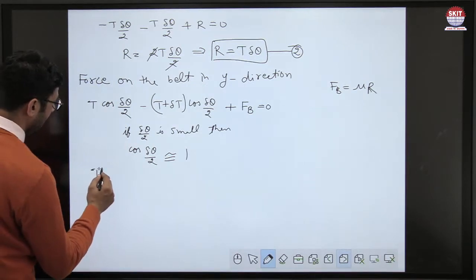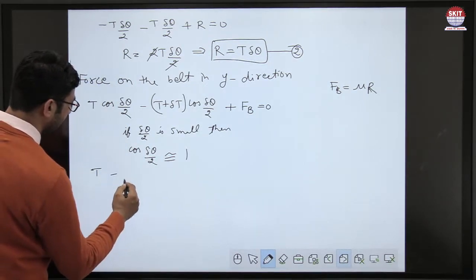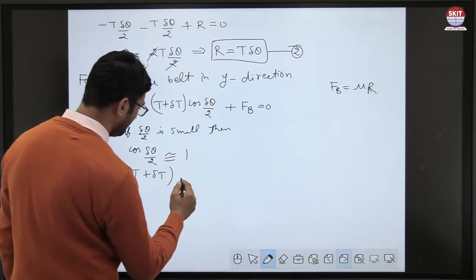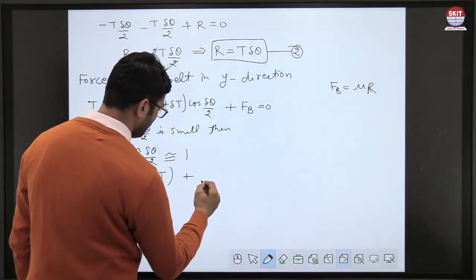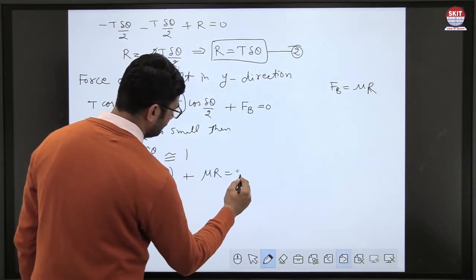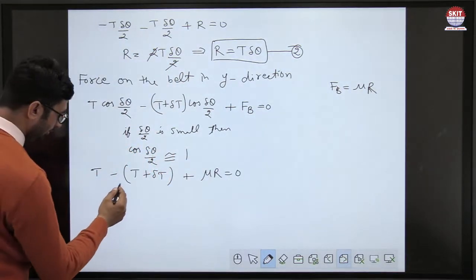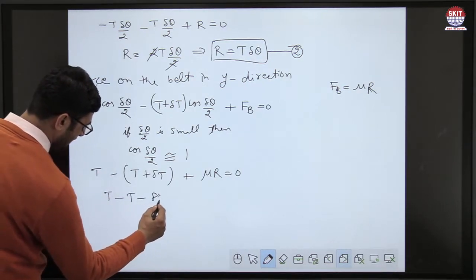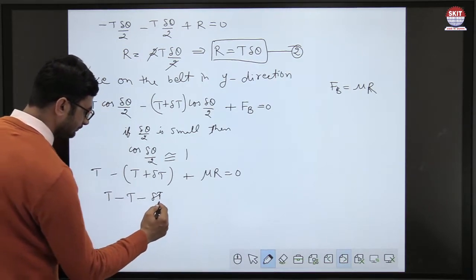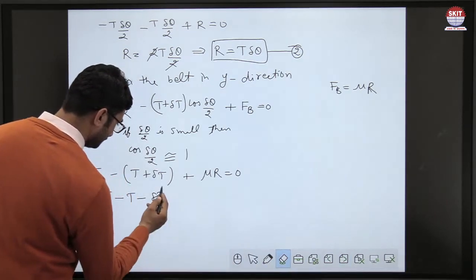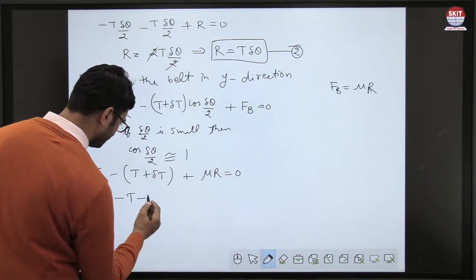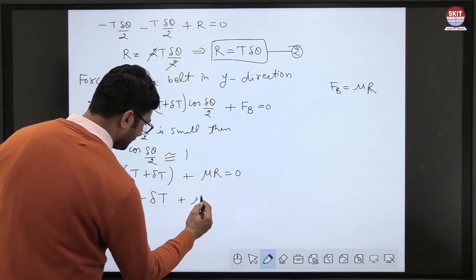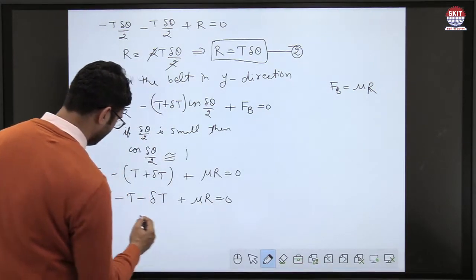So T minus (T plus delta T) plus mu R equal to 0. We rearrange this equation: T minus T minus delta T plus mu R equal to 0.